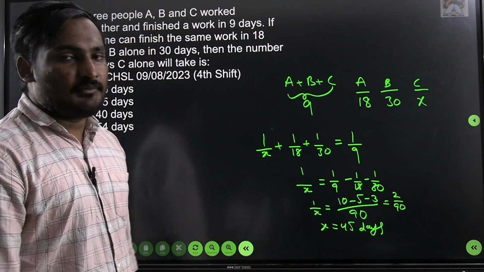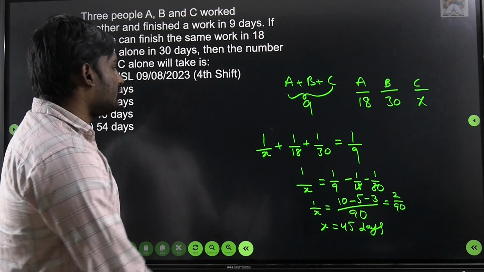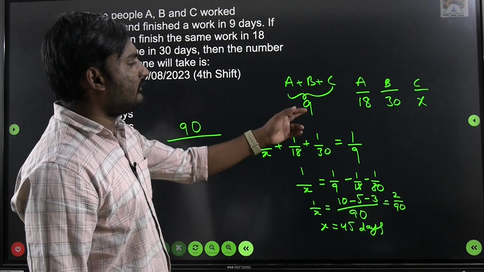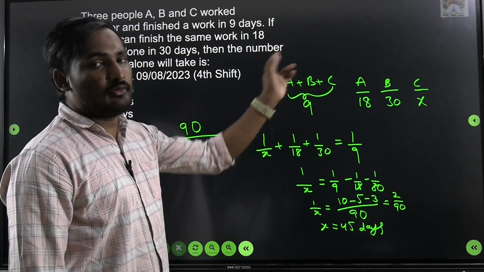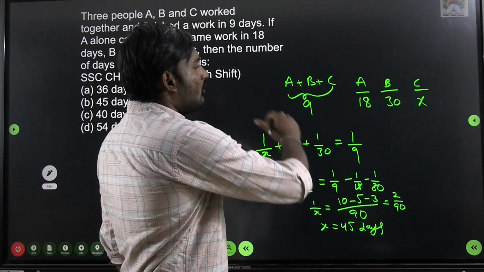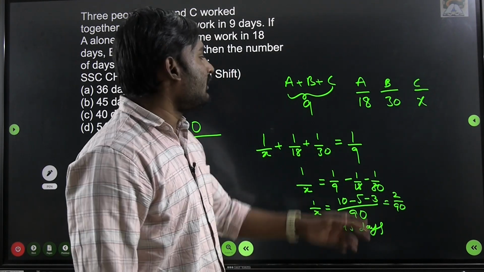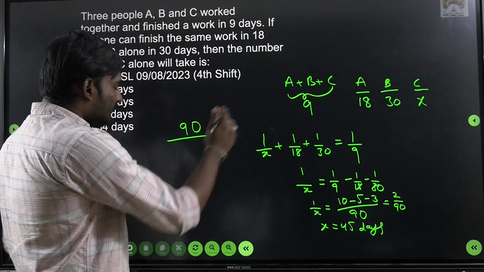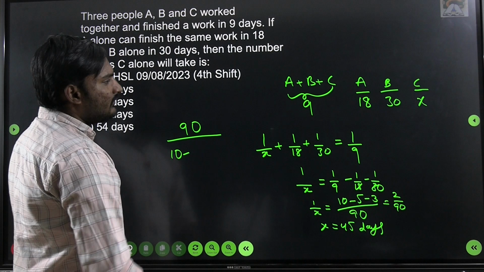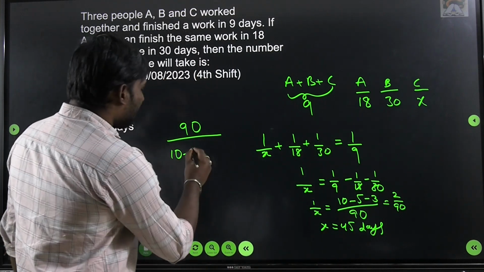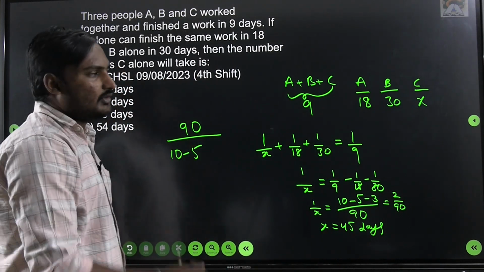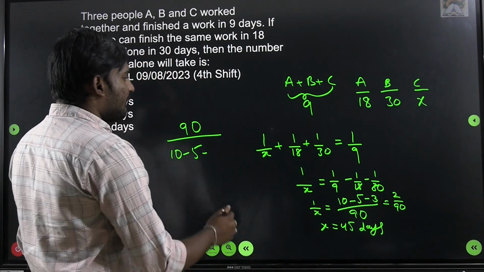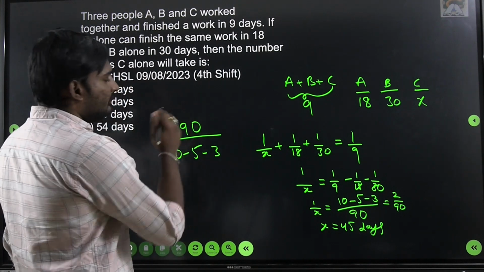There is another method, which is LCM by factorization. The LCM of these three is 90, and we take the whole work of A plus B plus C. We are subtracting the individual works from the whole work. The whole work done by A plus B plus C is 10 parts daily, minus A will do 5 parts because 18 into 5 equals 90, minus B will do 3 parts, 30 into 3 is 90.